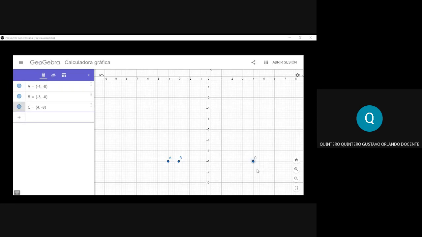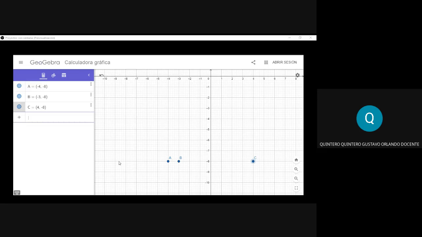Did you see what is going on? Every time I think about a point that belongs to that horizontal line, those points have a characteristic, right? Since we're talking about a horizontal line, all of those points have the same y coordinate. But the x coordinate can be anything.